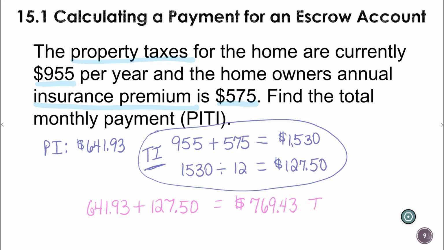And that is the PITI, this number right here. So that is a monthly amount. You don't ever pay all of your insurance and your taxes in one payment. You always divide by 12. So just make sure that that's what you're doing.